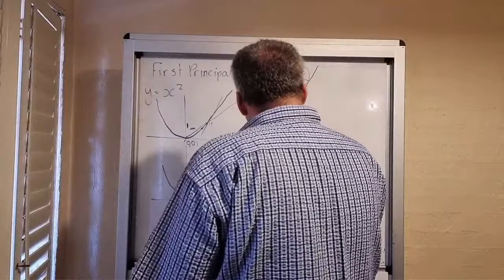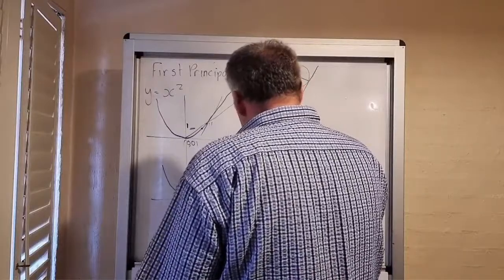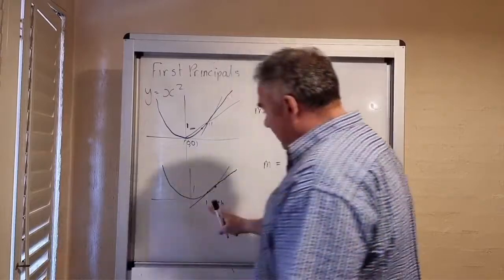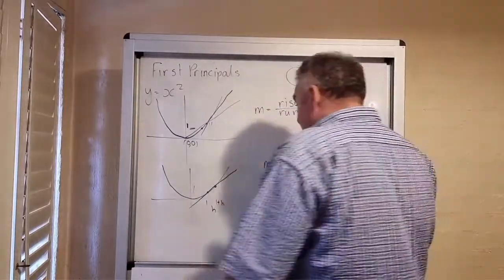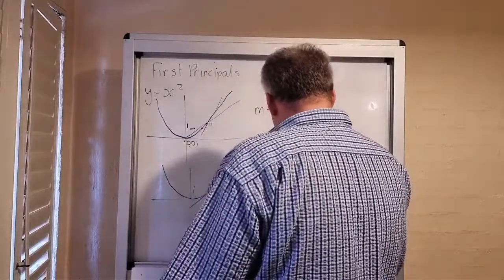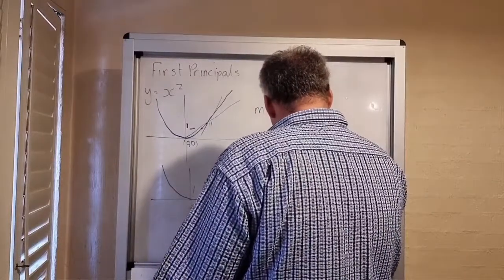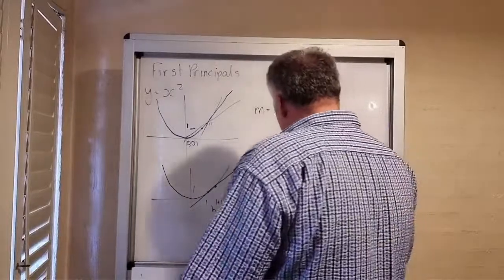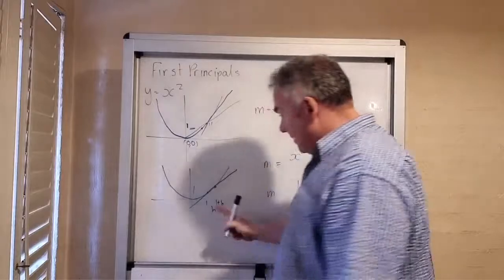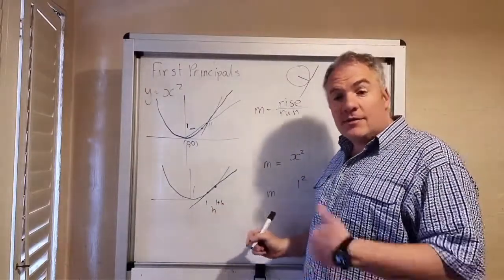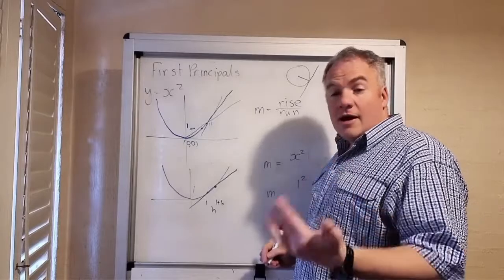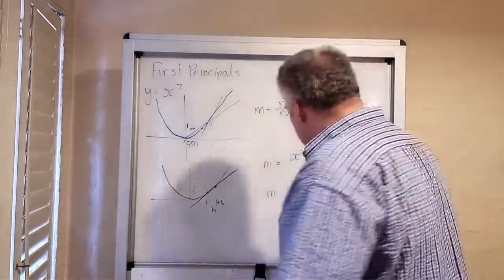You have your top bit, your m, which equals, now just for the top bit, this is x squared, or 1 squared. Because you go across 1, you're on the function y equals x squared.